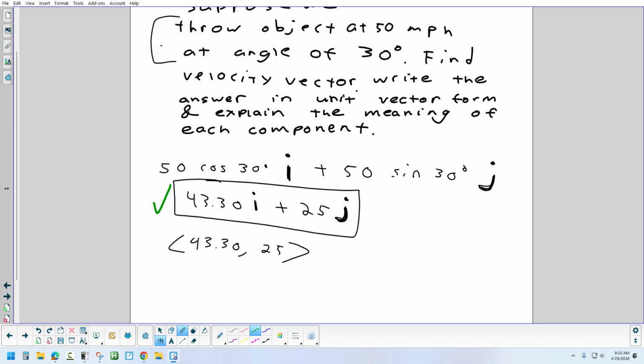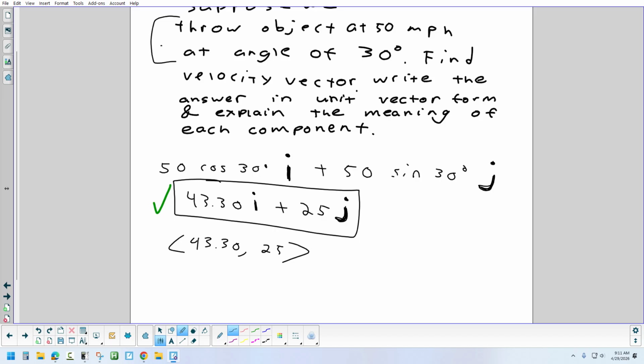Okay. Now it says to explain the meaning of each component. What is the 43.3? Horizontal. The horizontal what? Line. So when you write a velocity vector, the numbers here do not represent a distance traveled. But the 43.3 represents something horizontal. It's not a movement left, right, up, or down.